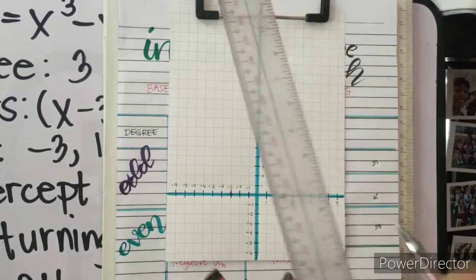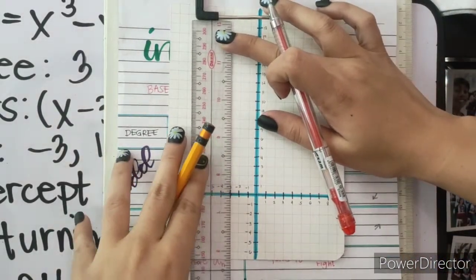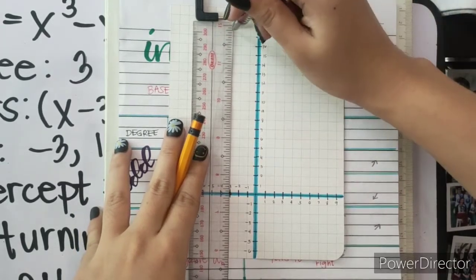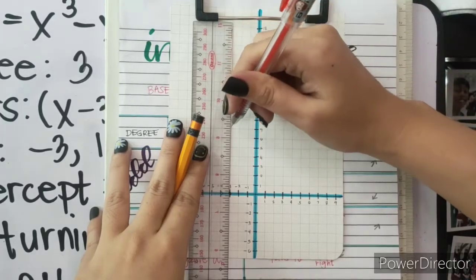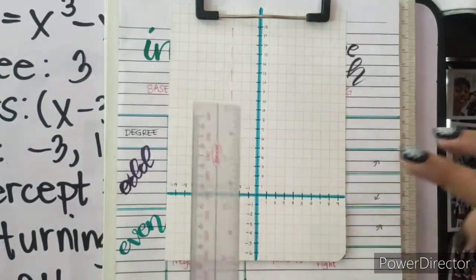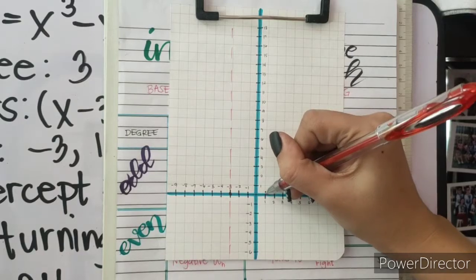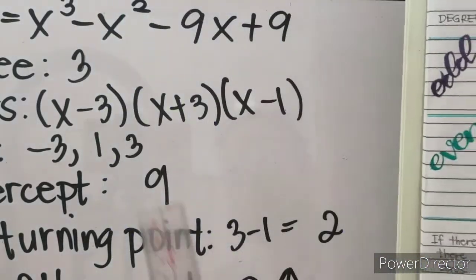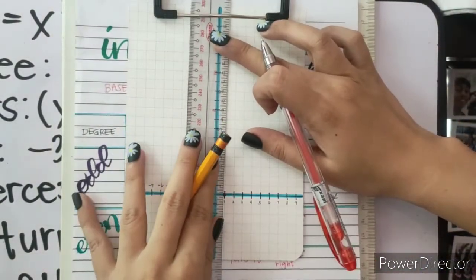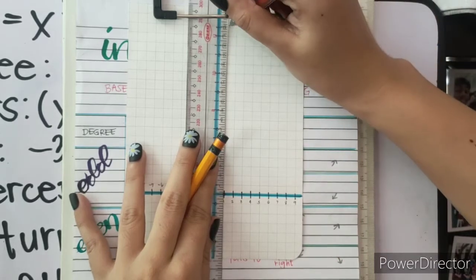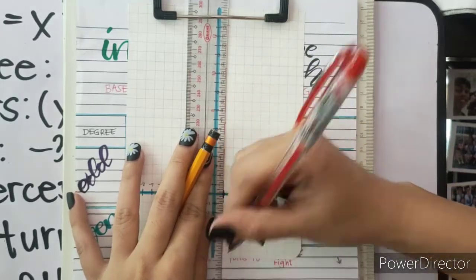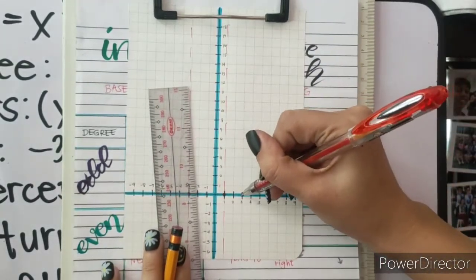And then let's make our broken line. Another is +1. Yeah, +1. And +3.